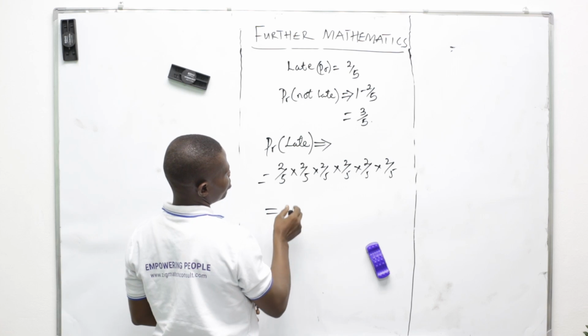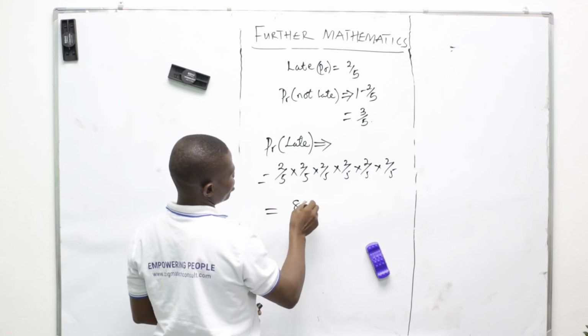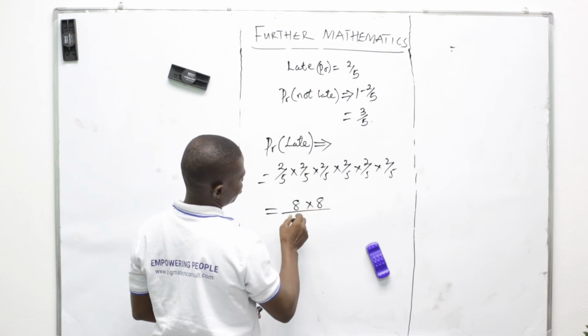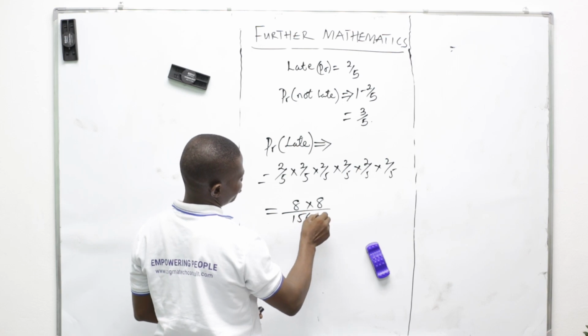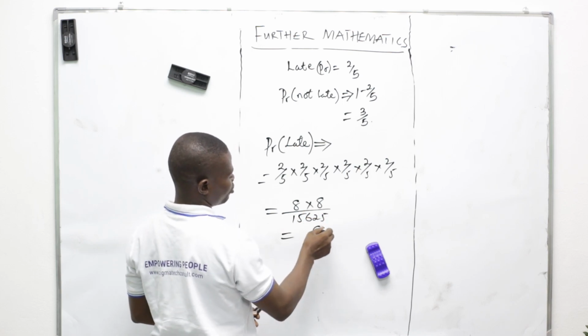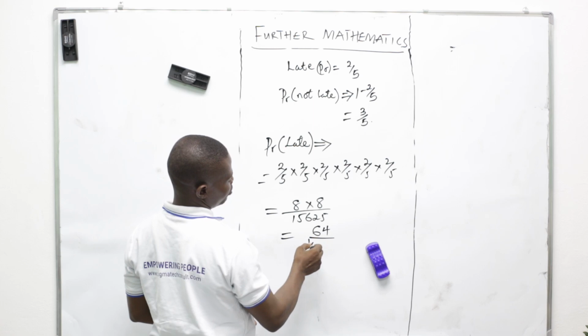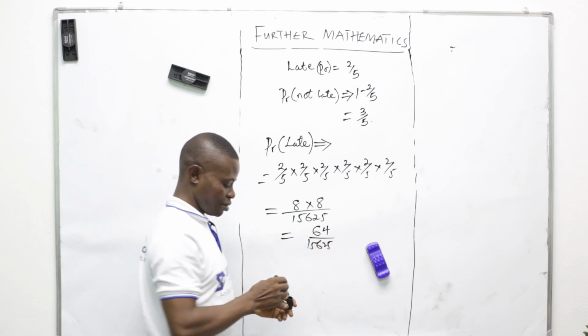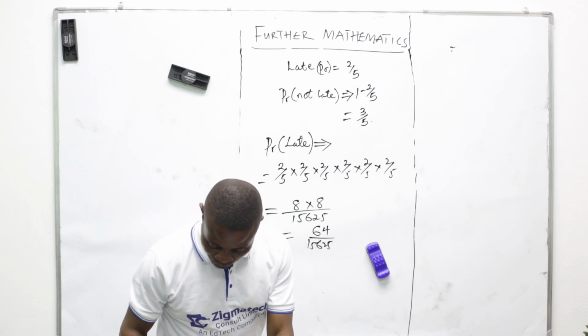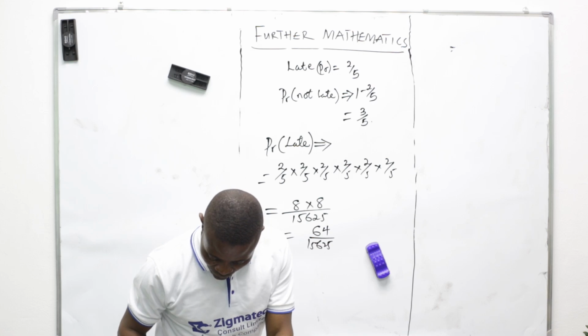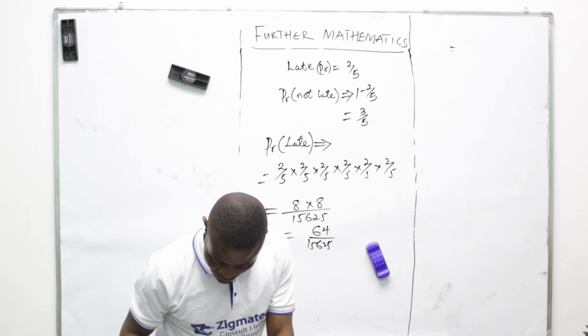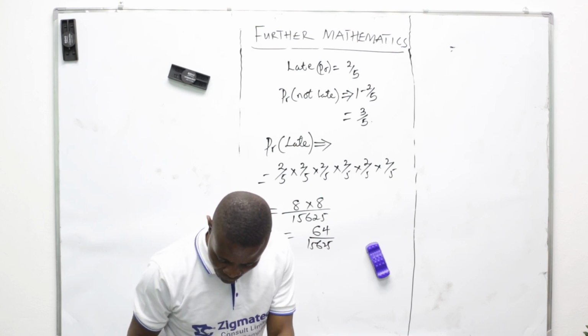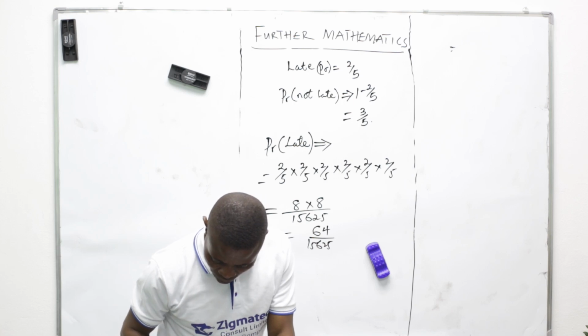That is 8 times 8 all over 15,625, which is 64 over 15,625.